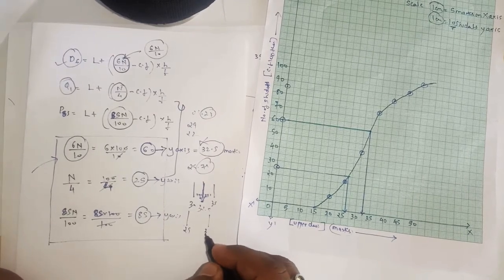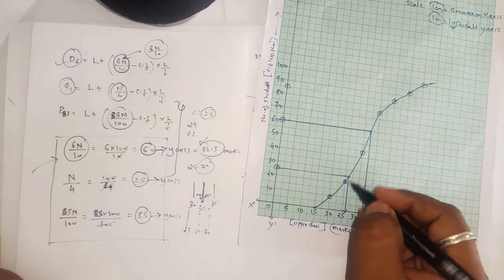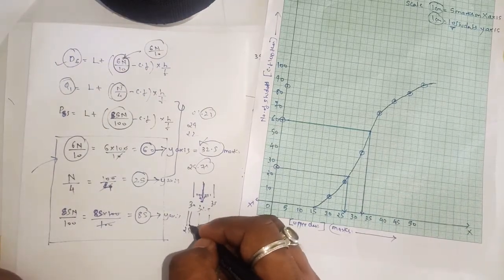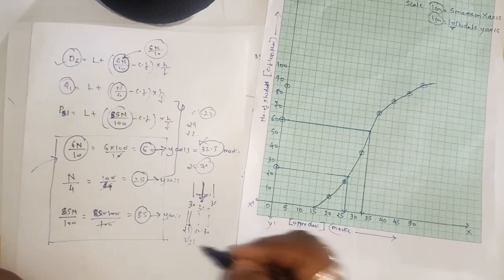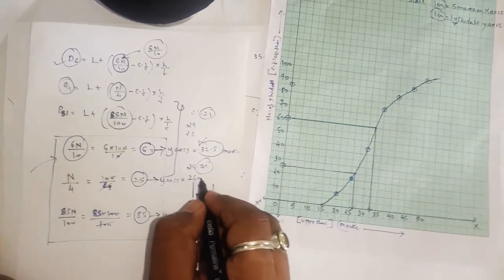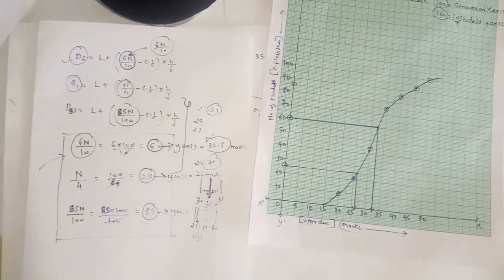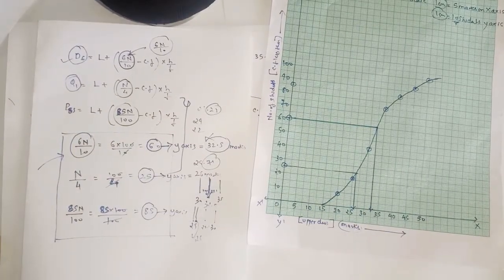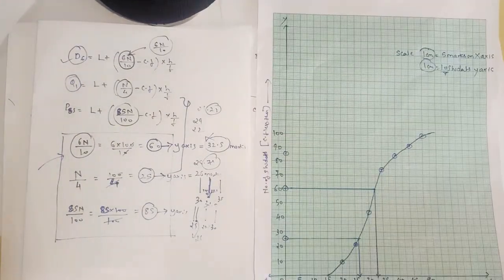Here this will be 27.5, but our answer, this line, lies somewhere here, so approximately we can say the answer will be 26. So for this we'll say the answer is 26 marks. You have to find the answer approximately. I'm saying the graphical method is only approximate, we cannot find the answer perfectly, never.